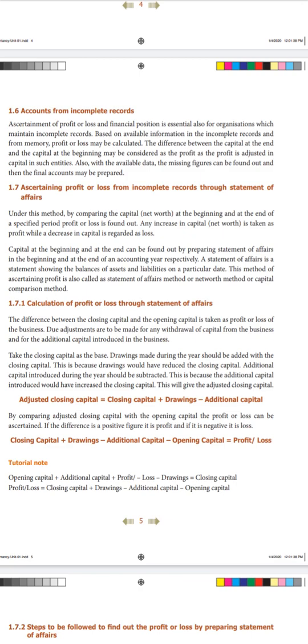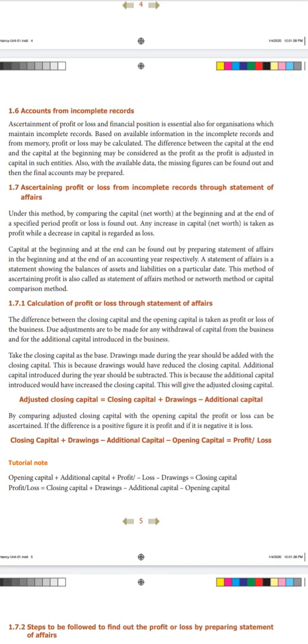First we take the closing capital as the base and drawings will be added to it. If there is any additional capital, it is to be subtracted, because when additional capital is introduced, automatically your closing capital would have increased, and that's the reason we are reducing the amount.